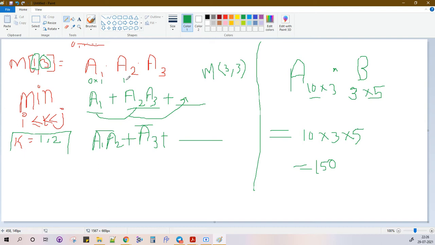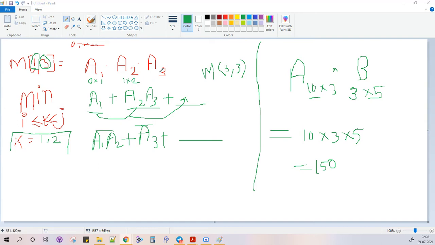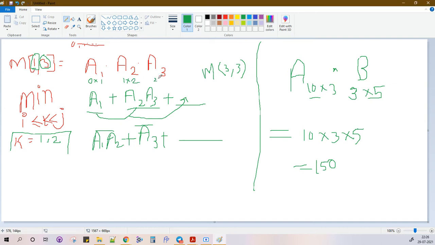A2, it would be P1 cross P2, right? For A3, it would be P2 cross P3. So if I multiply A2 and A3, the resultant would be P1 cross P3 only, right? And P0 cross P1 I am having here. So if I multiply now A1 and the answer of A2, A3, it would be P0 cross P3.